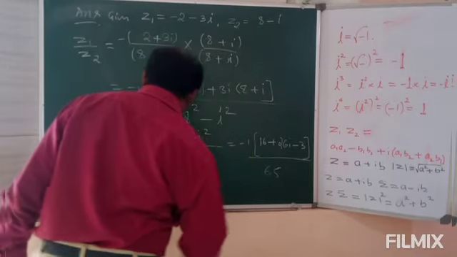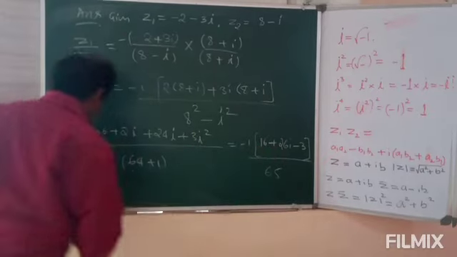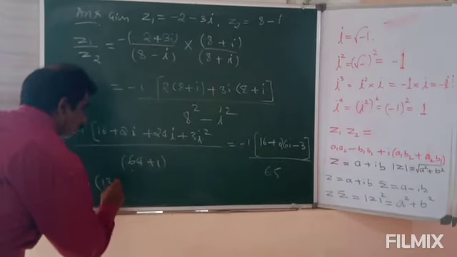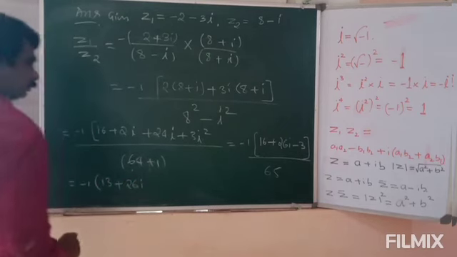Now minus 1 into 16 minus 3 is 13, plus 26i.